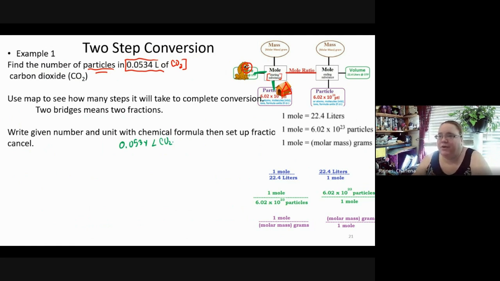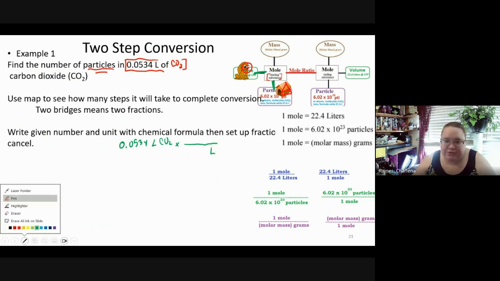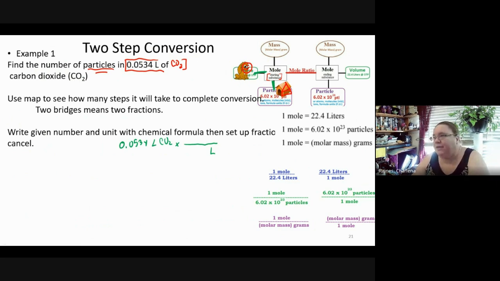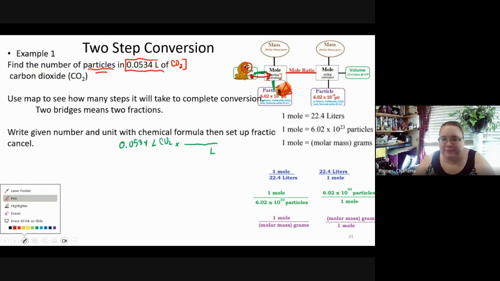Since liters is what we started with, liters must go on the bottom of the conversion. If I was using my map, my little puppy is currently on liters, so liters has to go on bottom, and the puppy's trying to get to mole, so mole has to go on top.